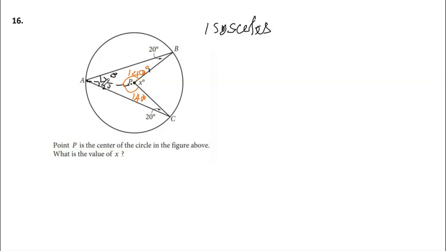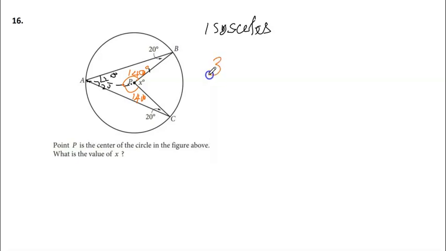Why? Because we have a triangle with two angles being 20 degrees, 20 degrees here, 20 degrees there. So to get the 180, we have to add 140. And I started by saying that the total angle at the center is what? 360, right? So out of the 360, we have 280 of it, right?